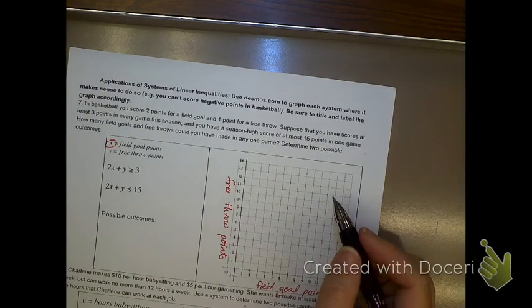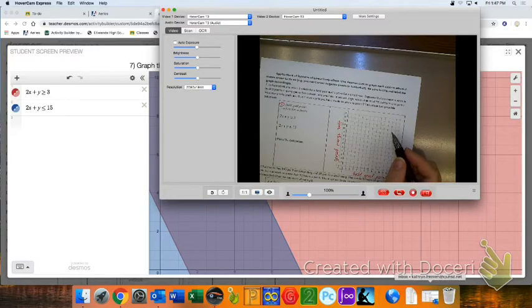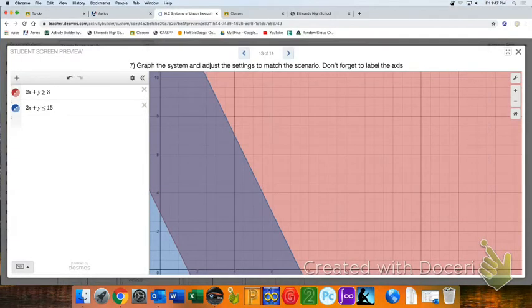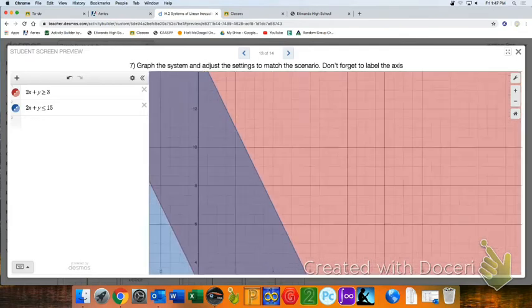So if I go back, let me try and graph this really quick. If I come back here, it looks like, let's see, y-intercept of 3, slope of 2. So here's one of my lines. The other line has a y-intercept of what? 15.